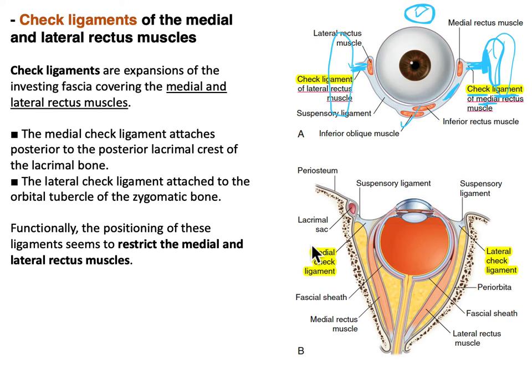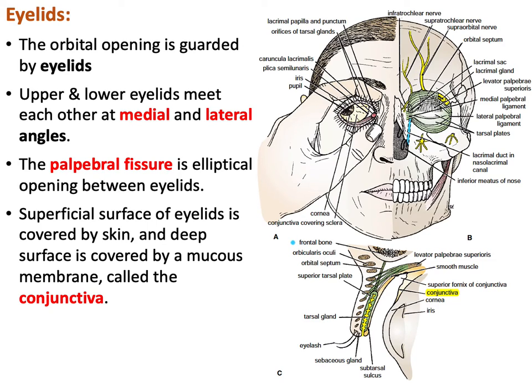Now, let us shift to the eyelids. No need to mention that our eyes are protected by eyelids, right? You have an upper eyelid and a lower eyelid, as you see. This is the superior or upper eyelid, and this is the lower eyelid, and they meet each other medially and laterally.